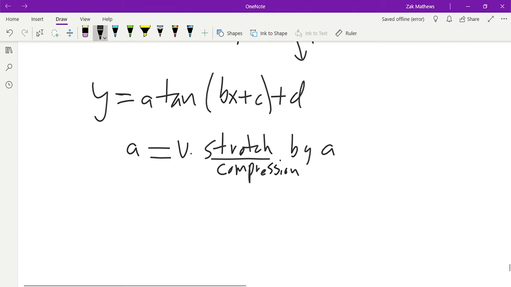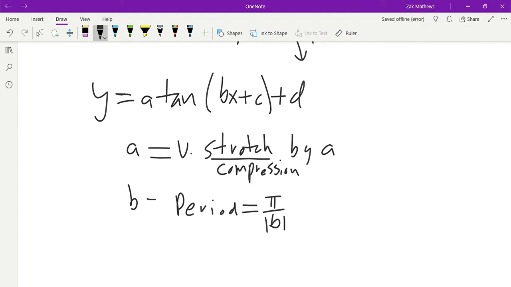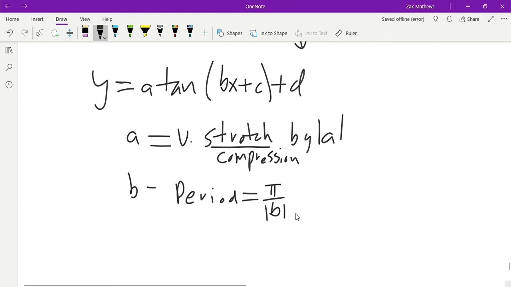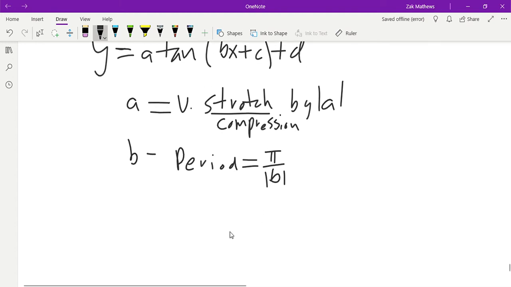The b does affect the period, but what the b now does for us is it allows us to find the period by taking pi over b, and we're using the absolute values of these things. The negatives come into play with reflections. Because the base period of tangent is only pi, we have to divide pi by b, not the 2 pi like we were doing for sine and cosine.